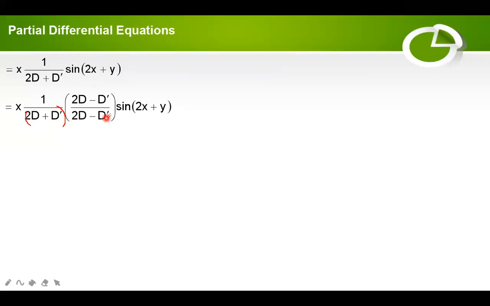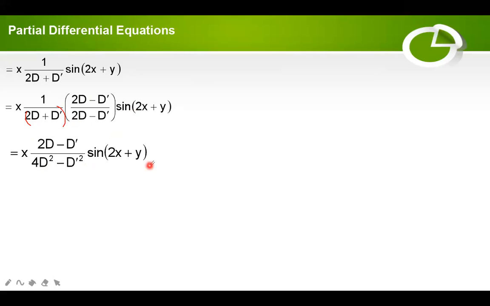In the denominator, (a plus b) into (a minus b) gives a square minus b square. A square means 2D whole square, so that is 4D square minus D dash square. Therefore x into (2D minus D dash) upon (4D square minus D dash square) into sin(2x plus y).